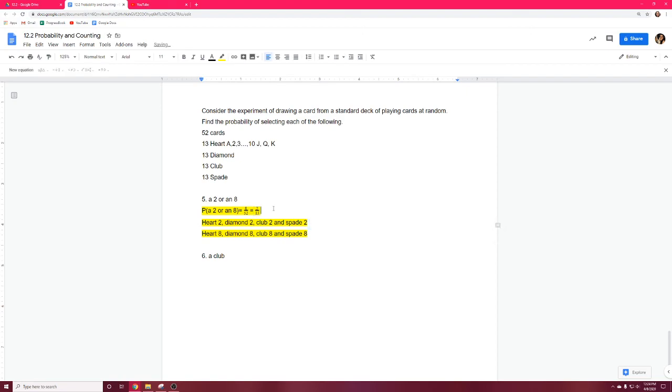Okay, 2 out of 13. In this question, you can also think about what's the probability of 2 and 8 in one suit, because for all the suits, it will be just times a number on the top and bottom. But if it's beyond what you can understand, just think like this will be fine.